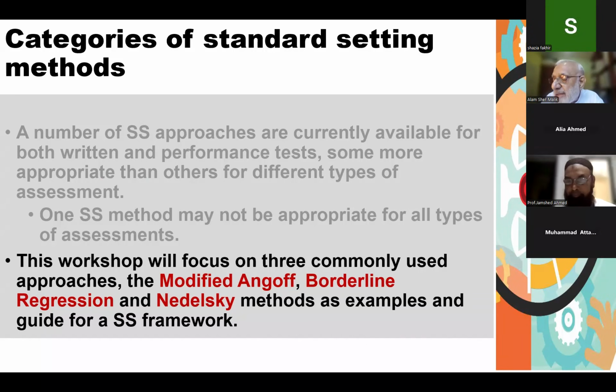Thank you. One point which is very important for us is that we have to be answerable for our decisions. If we say somebody failed, we have to be answerable for making that decision. Similarly, if we say somebody passed, we have to be answerable for that decision, right? So this means that our decision should be both legally and morally defensible.